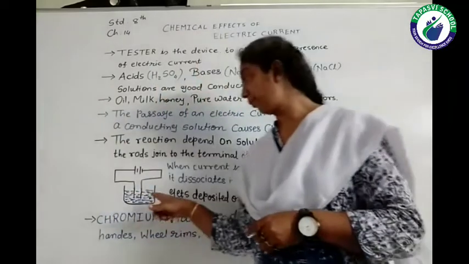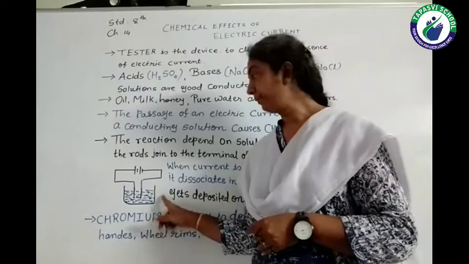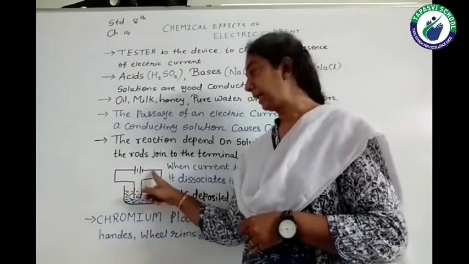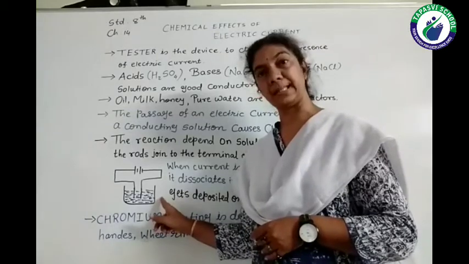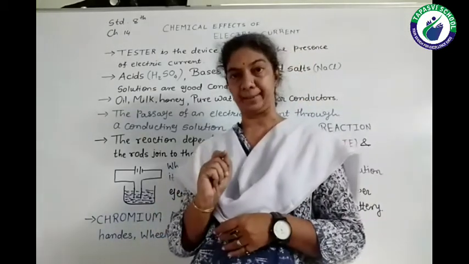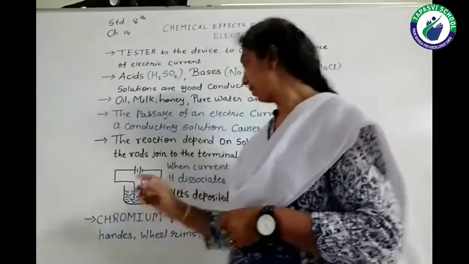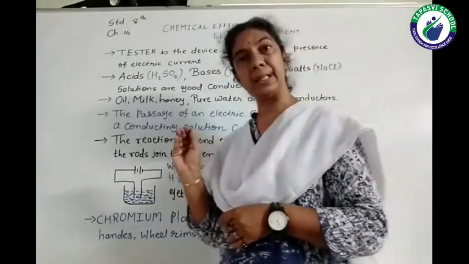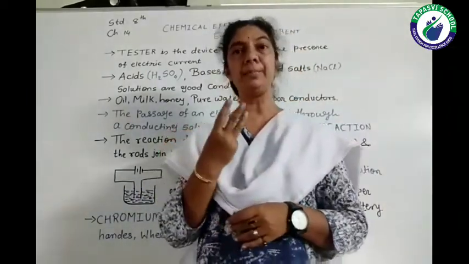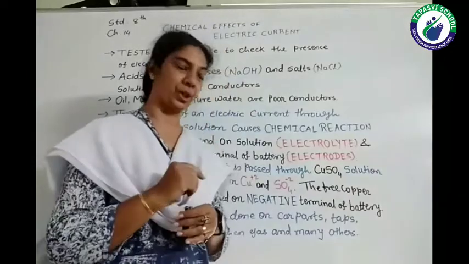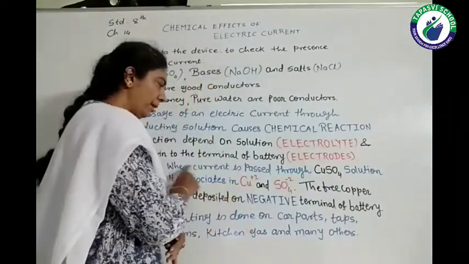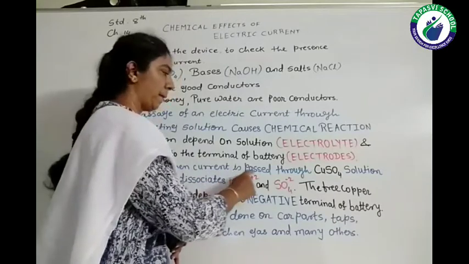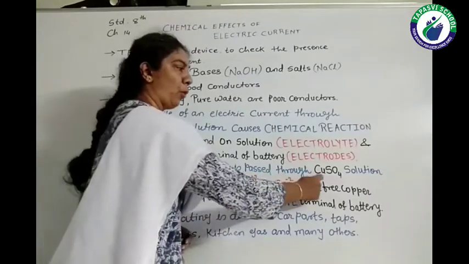Then in our textbook, the activity of the dissociation of copper sulfate is given, and for that this type of diagram is given, which has a battery, connectors and the solution of copper sulfate as electrolyte. In that, which reaction is occurring is asked in a 3 marks brief question. So we are supposed to explain what happens when current is passed through copper sulfate.